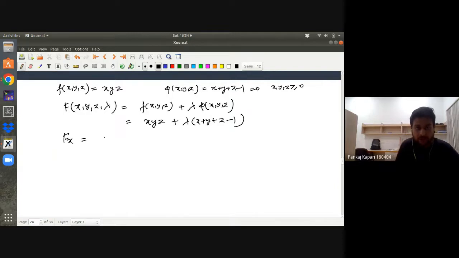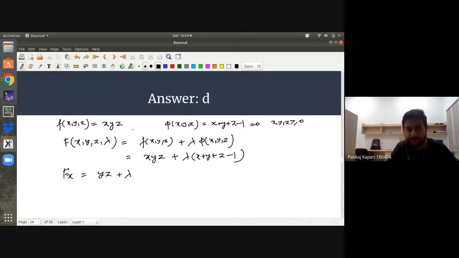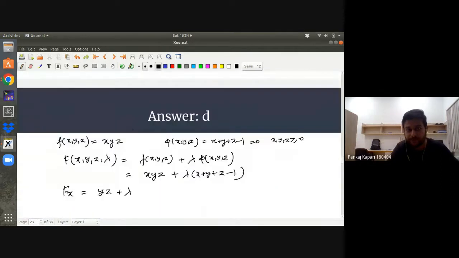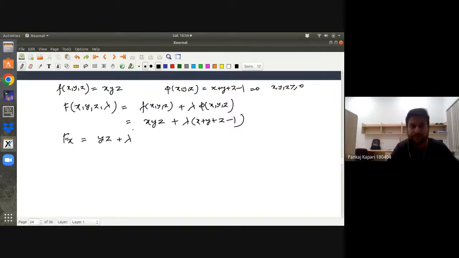So fx equals yz plus lambda. Partial derivative with respect to y is xz plus lambda. Partial derivative with respect to z is xy plus lambda.